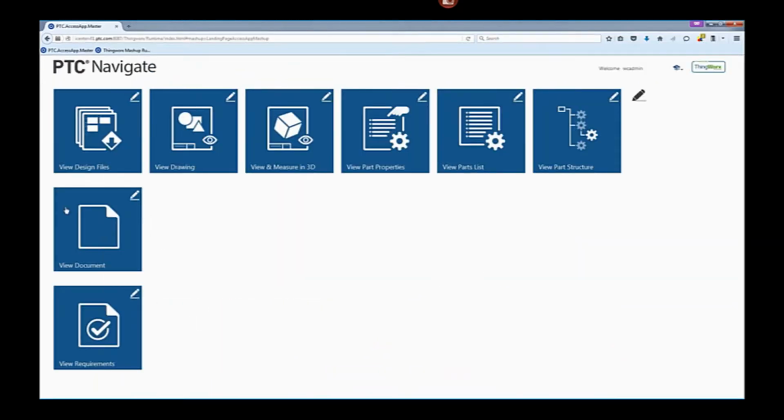And this is something that you can do, this configuration. So not only can you control which apps are made available and how they're made available for a particular user, but each app can be configured for a particular role. And this is again something that can be done by a business administrator. It doesn't require a lot of programming.